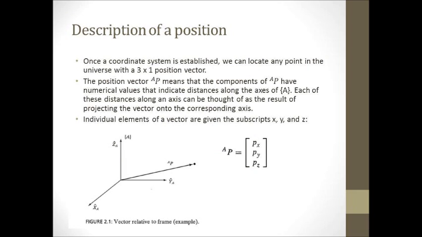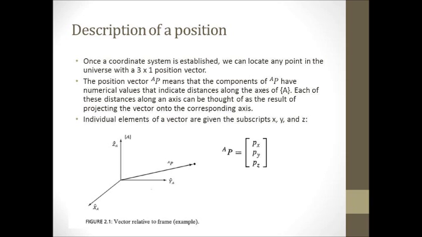Once a coordinate system is established, we can locate any point in the universe with a 3x1 position vector. The position vector AP means that the components of AP have numerical values that indicate distances along the axes of A. Each of these distances along an axis can be thought of as the result of projecting the vector onto the corresponding axis.